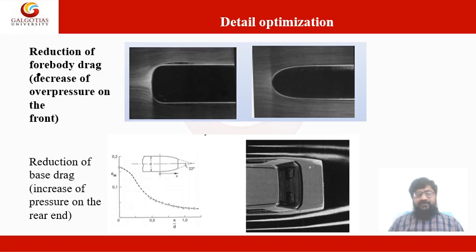So in this way, a tapered shape was provided at the rear end, which resulted in a lower size of wake, which is the primary cause of pressure drag. So you can see in the figure that the drag coefficient decreases with the variation in tapering angle.